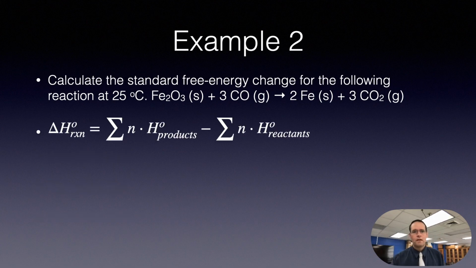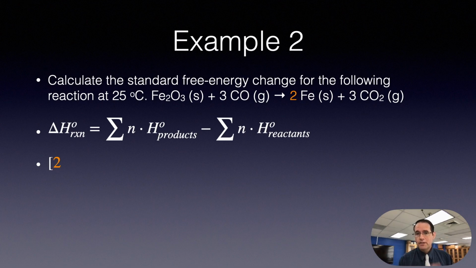So we first want to grab our delta H of reaction, and we want to write out the formula here. It's always going to be products minus reactants. And remember, products are on the right-hand side of your chemical reaction. So first, the n. Here's where you use the n.